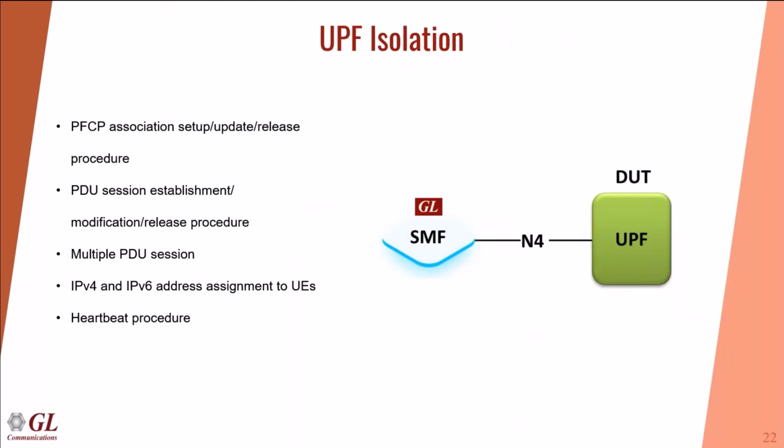UPF isolation. This one is the most interesting testing where we are considering UPF as the DUT and acting as the SMF. Here we can emulate all the signaling happening on the N4 interface, where SMF can trigger all the PFCP association signaling and test whether UPF can handle all the PFCP associations.